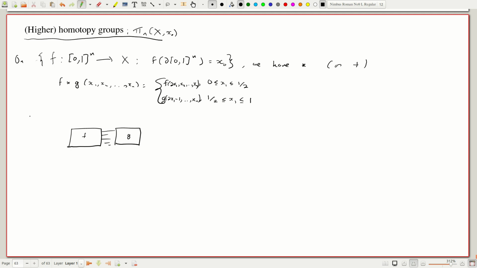Okay, so we have this, and we also have a relation which is homotopy rel boundary.